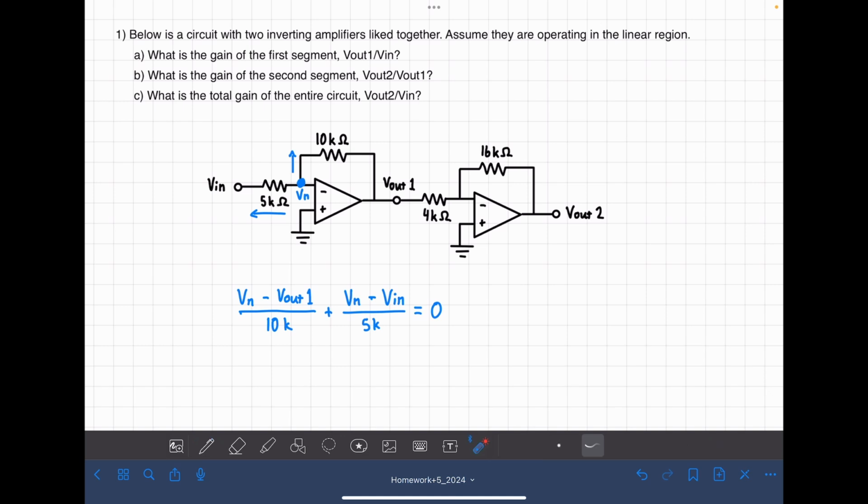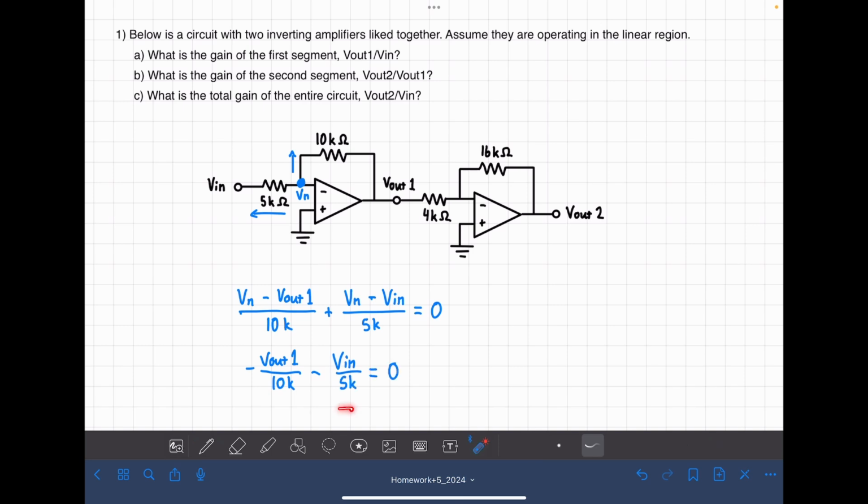But if we remember from one of the other rules of the op-amp, we know that Vn has to be equal to Vp. And as we can see here, Vp is connected to ground, meaning it's 0 volts. So for this equation here, we can plug in 0 for Vn. So what we get is negative V out 1 over 10K minus Vn over 5K is equal to 0.